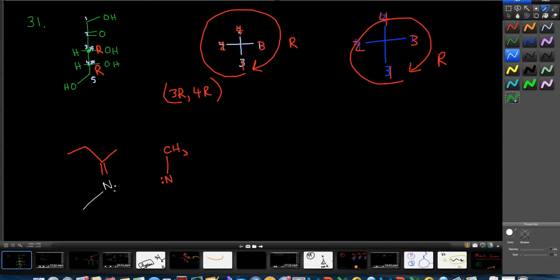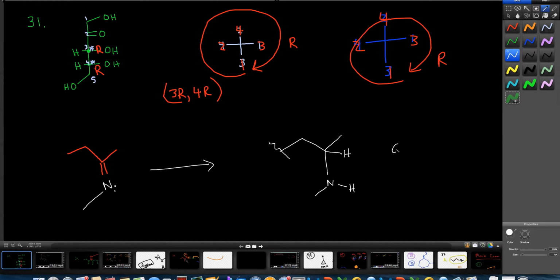The next step, I'm going to reduce the carbon-nitrogen double bond to a carbon-nitrogen single bond. So if this is my fragment, you essentially are adding the elements of H2, and of course one's going to go to the carbon and one's going to go to the nitrogen.